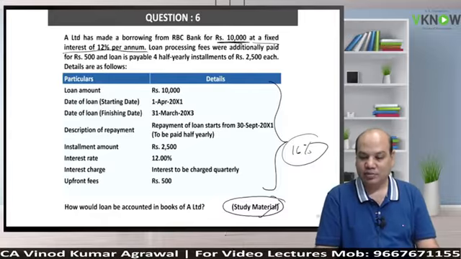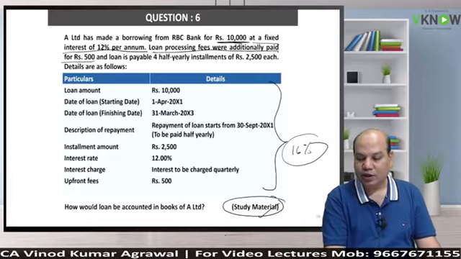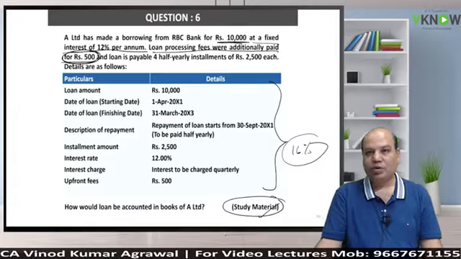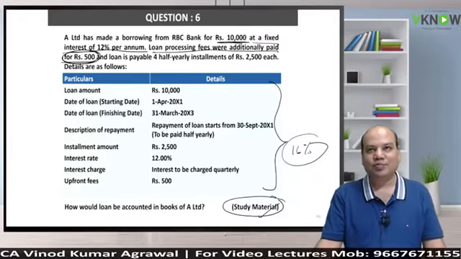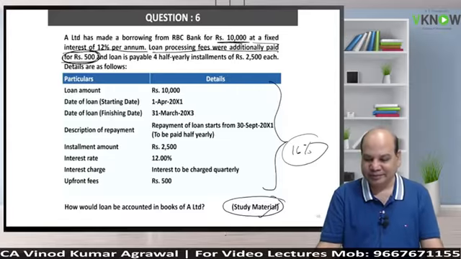Understandable. Loan processing fees was additionally paid for 500 rupees. So this I will deduct. As a borrower, I won't get 10,000. Proceeds minus transaction cost, so I will have to pay 500 rupees.